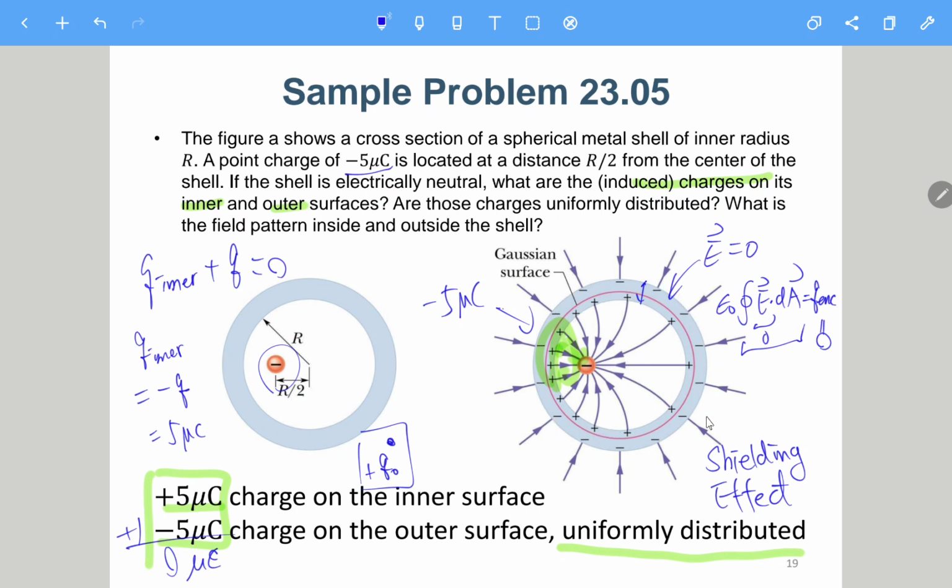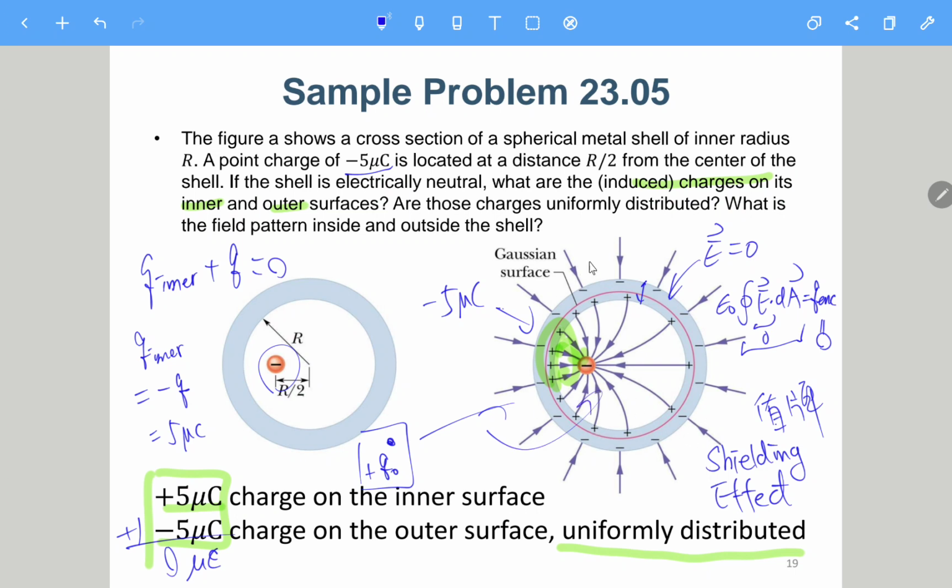So this shell is like a shield. Actually, this charge outside cannot really see what is inside.